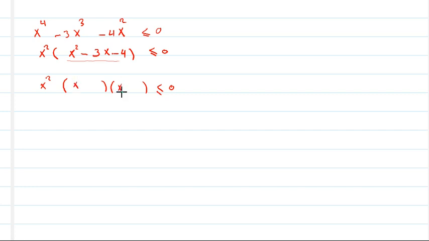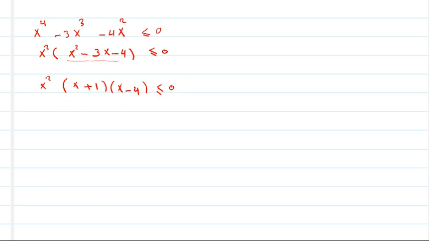We can factorize it by x multiplied with x. We need two numbers whose product is -4 and whose sum is -3. It's -4 multiplied with +1. Now we have this term here.